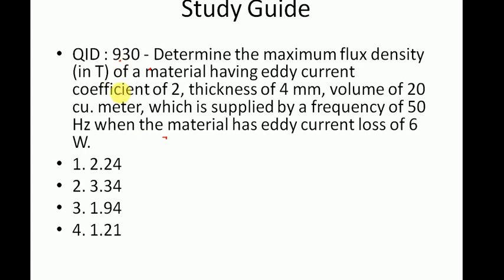So what is the formula for the eddy current loss? You already know; I'm just writing the formula. Eddy current loss equals K coefficient multiplied by Bm square, flux density square, multiplied by T square, multiplied by F square, and volume.